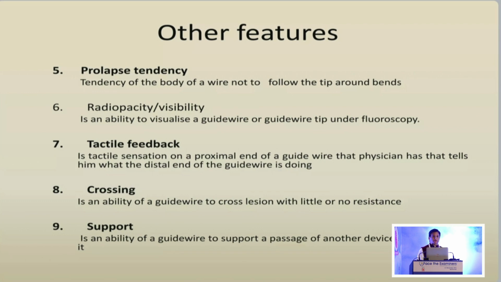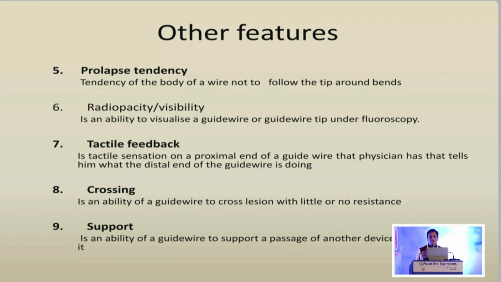Tactile feedback. Tactile feedback is the one which makes an operator a successful versus an unsuccessful, or a great operator versus an average operator. I'm telling you many times you have a CTO or an acute MI where nothing is visible beyond a left main, or sometimes the left main is also gone. But still you are able to place the wires into LAD and circumflex because of the tactile feel.